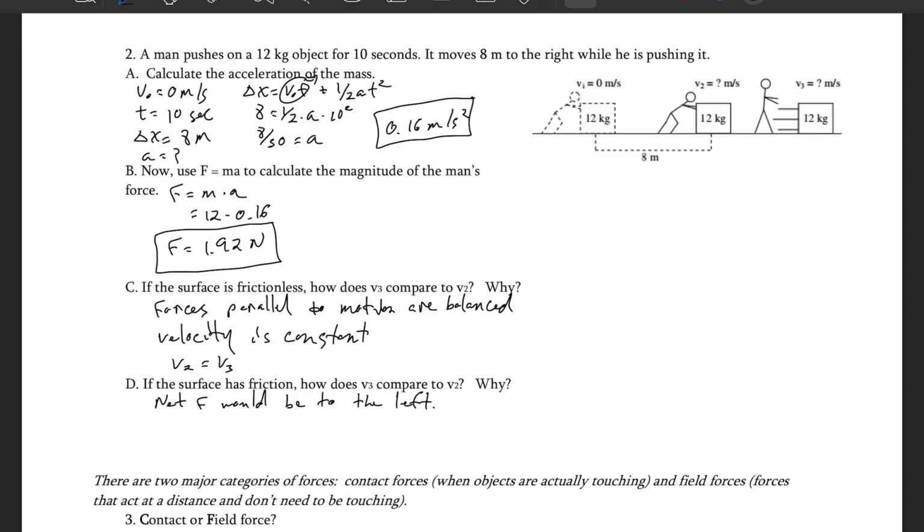Therefore, the acceleration is in the opposite direction of motion. Net force would be to the left, acceleration would be to the left. Object slows down. V2 greater than V3.